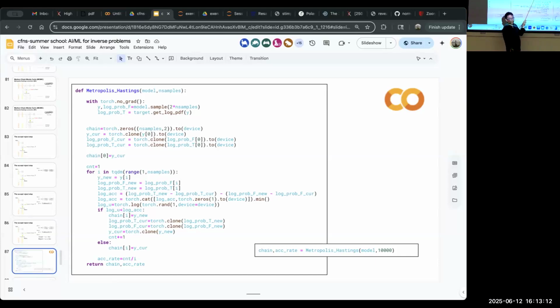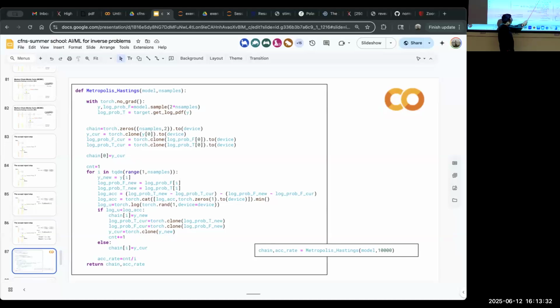Because some of the samples are going to be lost, you are going to oversample. So I just put here 2 times the number of samples that I want. So you construct the samples, the probability, go ahead and compute the true probability associated with that. And then here, you just basically build the chain.